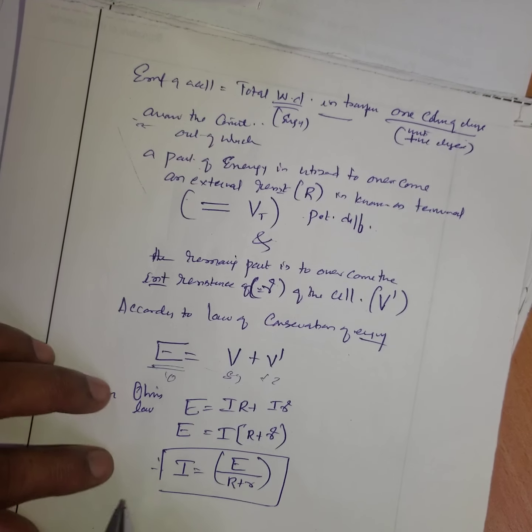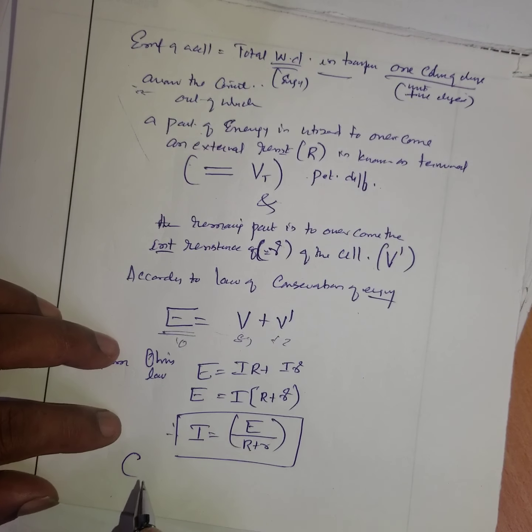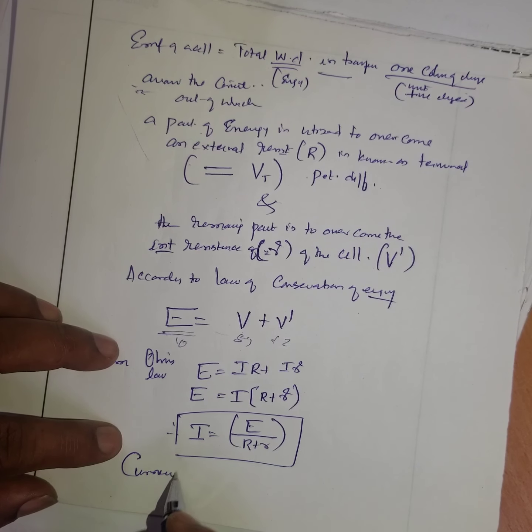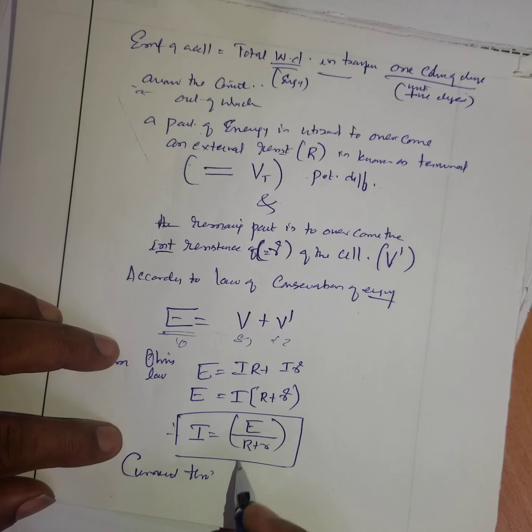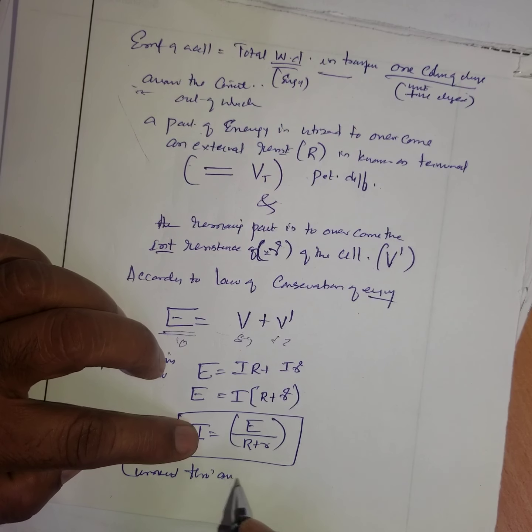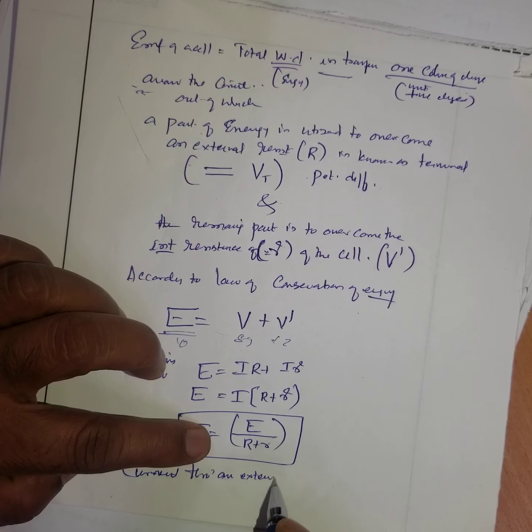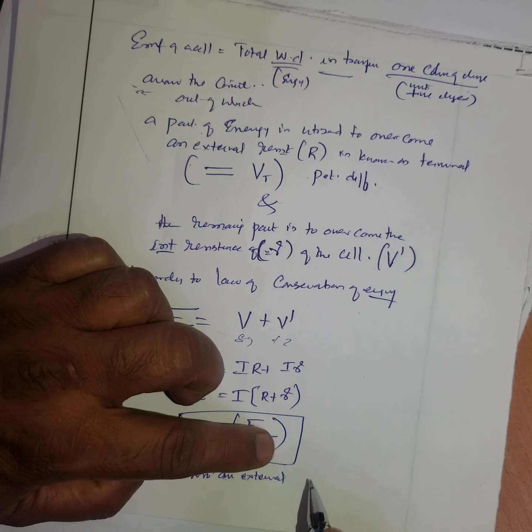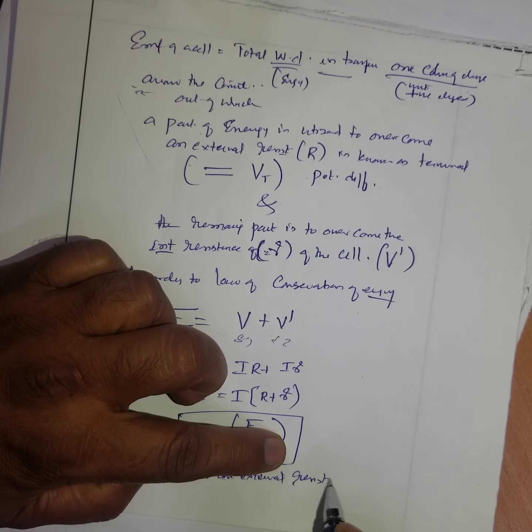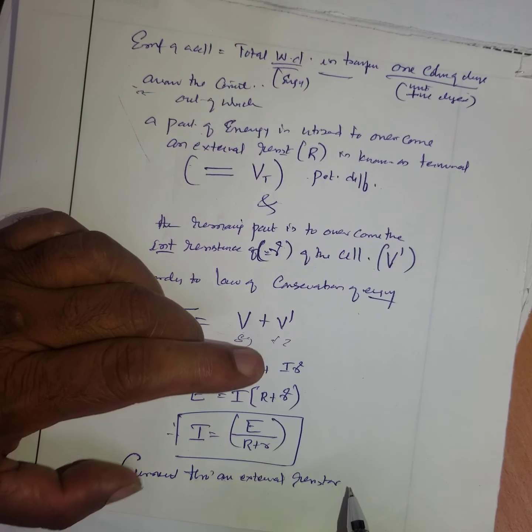Therefore, current through, what do you write? Current through an external resistor is equal to, what is that?